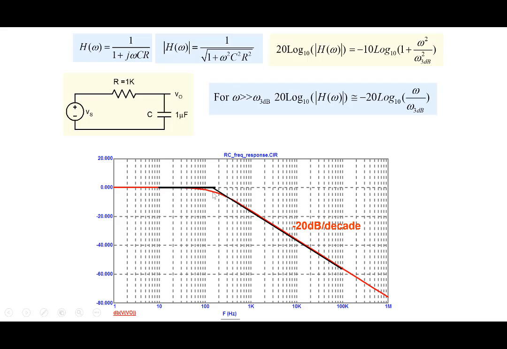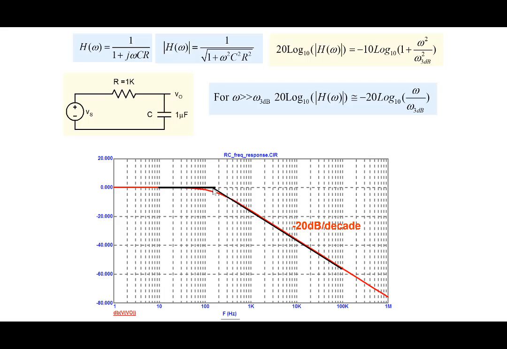The 3 dB point tells us the transition point, the frequency beyond which the signal starts to get severely attenuated. At the 3 dB point, the signal is 3 dB smaller. In terms of amplitude, the signal is 1 over square root 2. In terms of power, the signal is half at the 3 dB point.